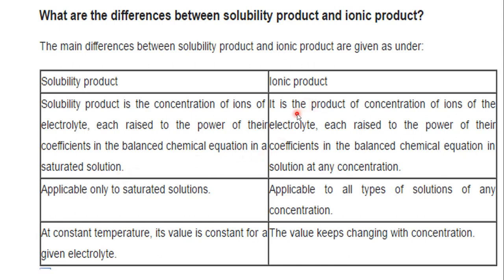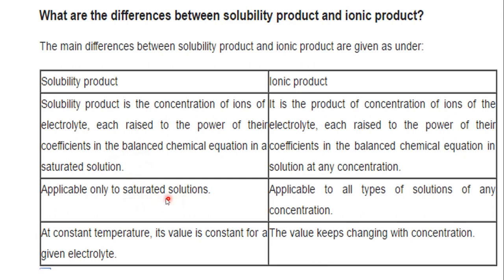Whereas ionic product is the product of concentration of ions of the electrolyte, each raised to the power of their coefficients in the balanced chemical equation, in solution at any concentration. Here the product is calculated at any concentration, and there the product is at equilibrium concentration, as the solution is saturated.